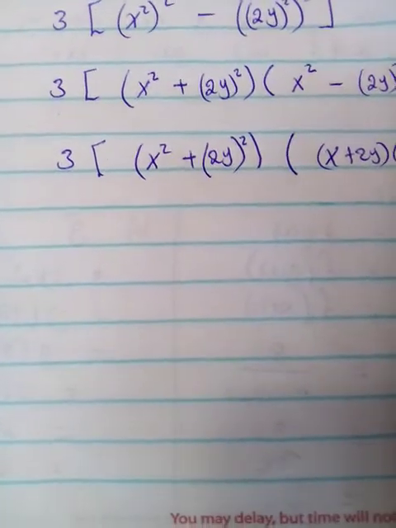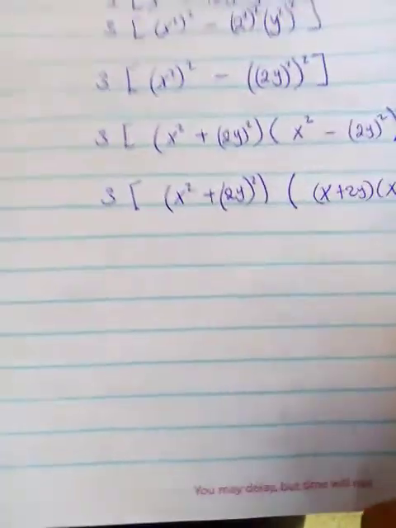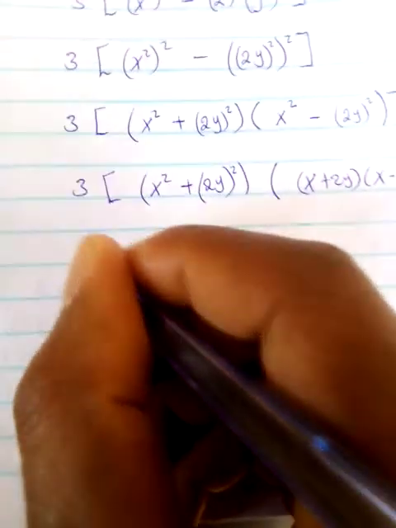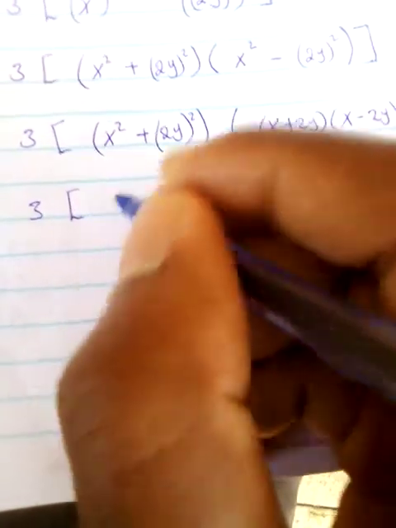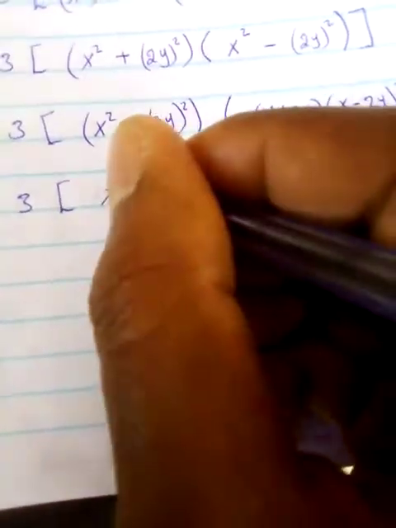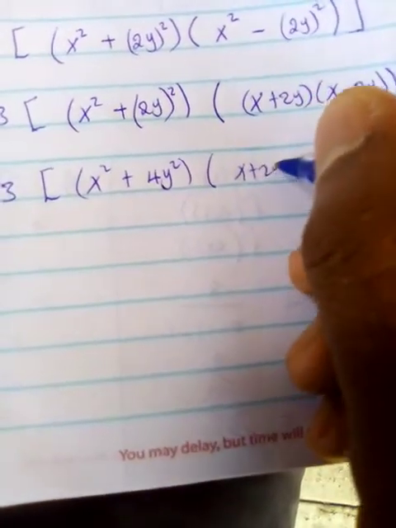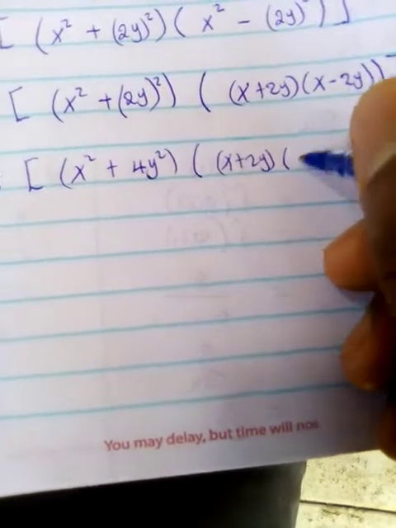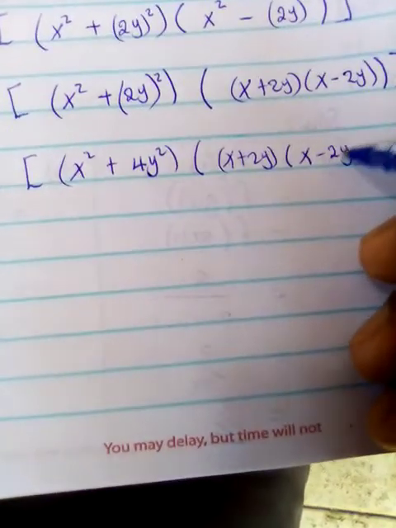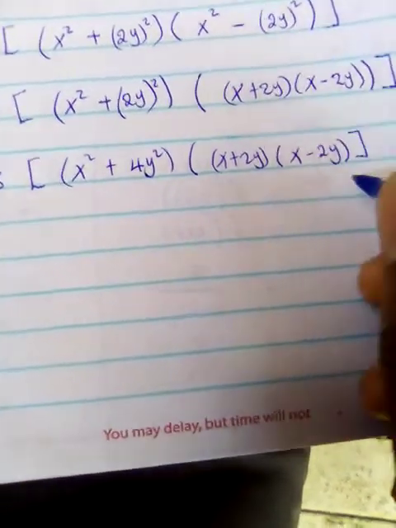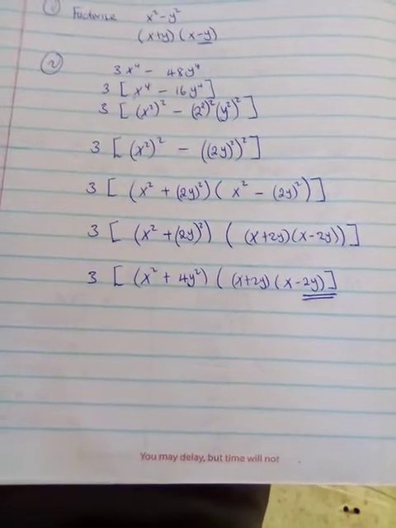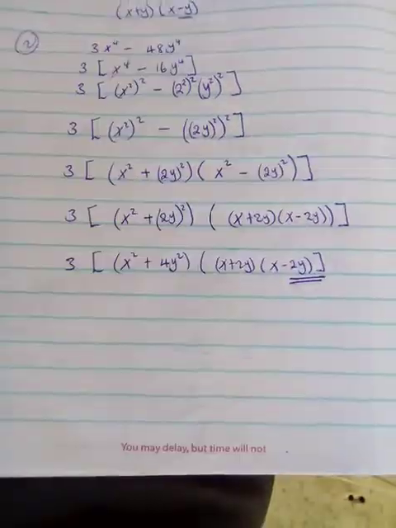Then I can close here, then I close there, and then I can further simplify this so that I have 3 into open brackets, x squared plus 4y squared, into x plus 2y, close that, into x minus 2y, close that, and then I close here, and that is my factorization. It is as beautiful as that.